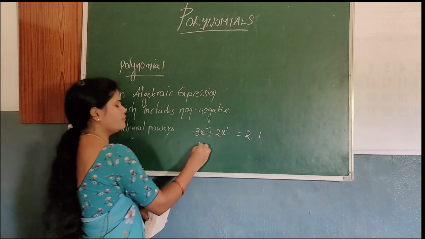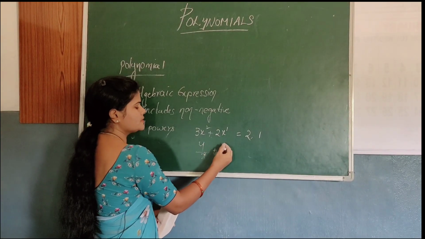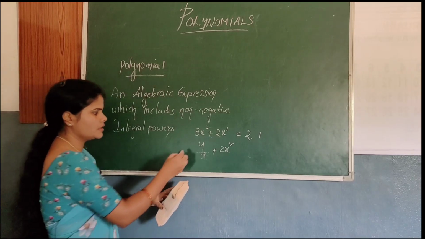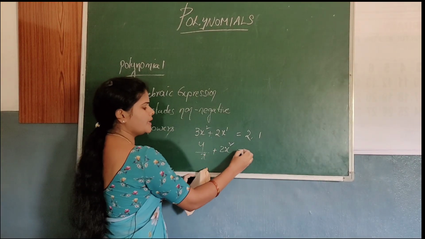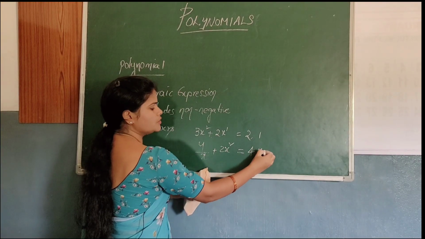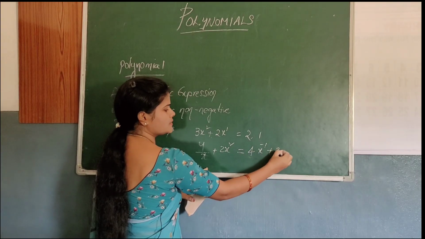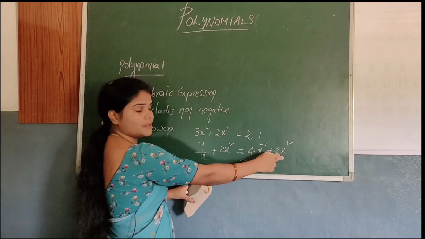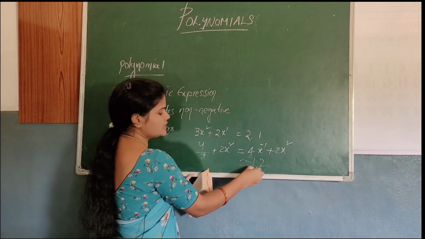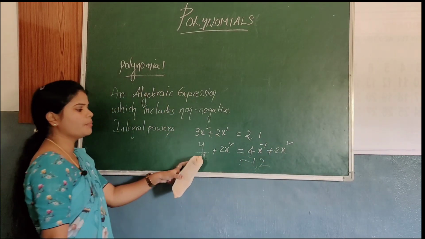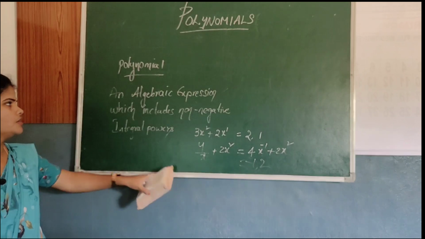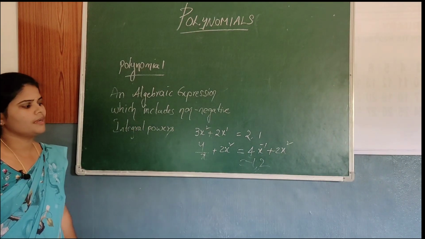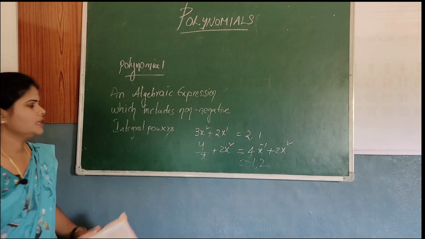If I take 4 by x plus 2x square, 4 by x means 4 into 1 by x, that implies 4 into x inverse plus 2x square. Here the power of x is minus 1 and here the power of x is 2. Since it is a negative value, it's not a polynomial. So an algebraic expression which includes non-negative integral powers is called a polynomial.